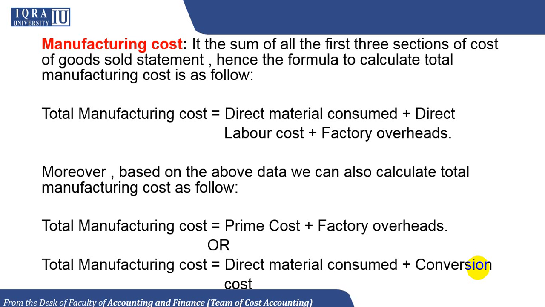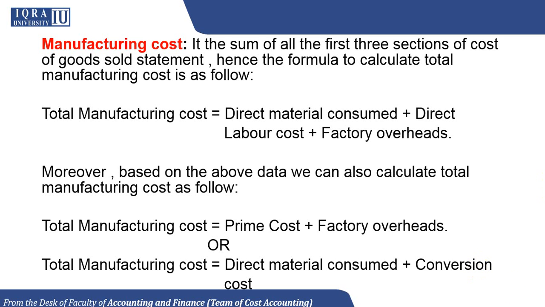Moreover, based on the above data, we can also calculate total manufacturing cost as follows. How? Prime cost plus factory overhead. Prime cost is the material and labor, and then we add factory overhead. So what we got? We got total manufacturing cost. Another way to get the total manufacturing cost is direct material consumed plus conversion cost. And conversion cost again is the direct labor and overhead.